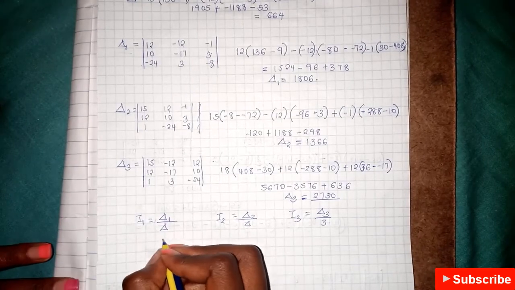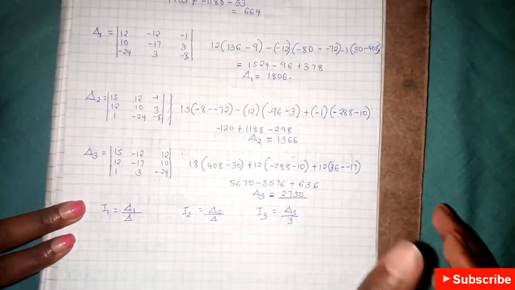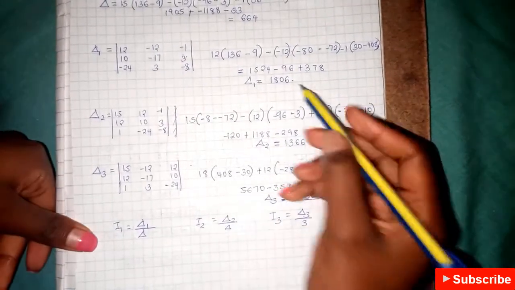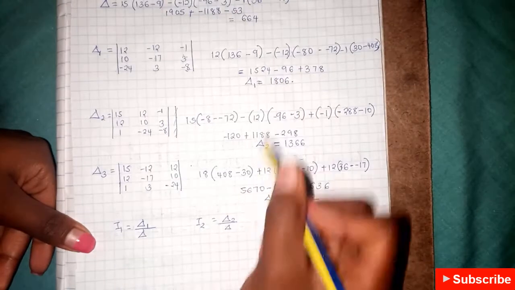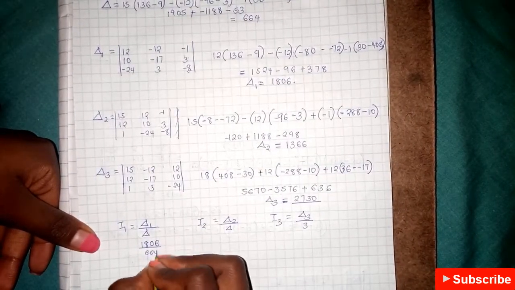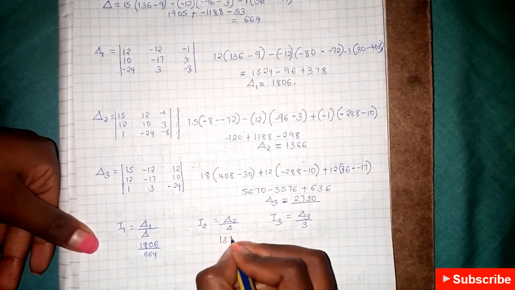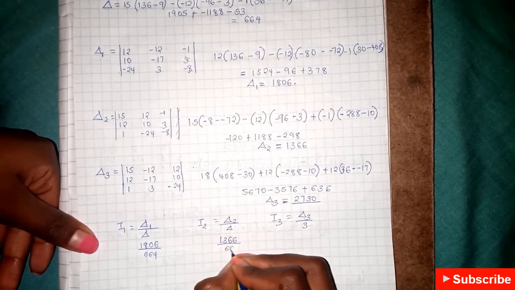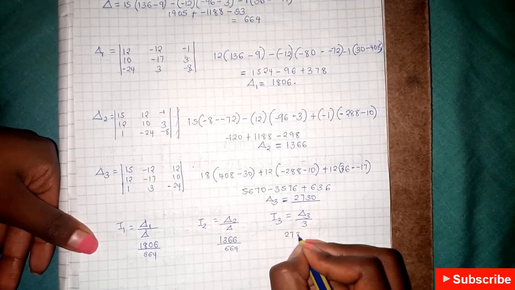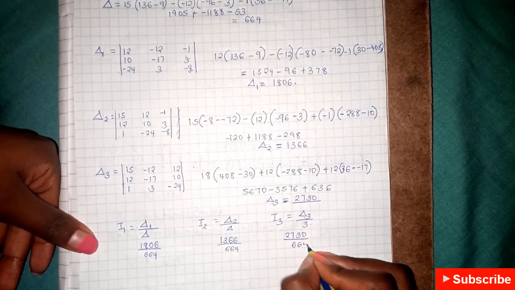So this will be, sorry for this, so this will be 1806 over 664. Then the second one will be 1366 over 664 and 2730 over 664.